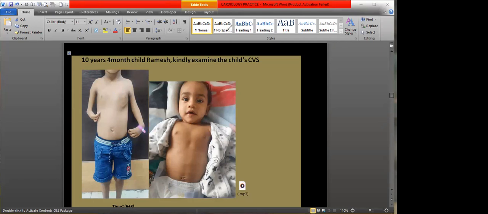Now, a few real facts in the exam. Sometimes they keep some difficult cases. So in the last exam in Mumbai, everybody was stuck with the child. Actually, it was difficult to pick up what the murmur was, and that was a large PDA, heard all over the precordium, including this aortic area as well.